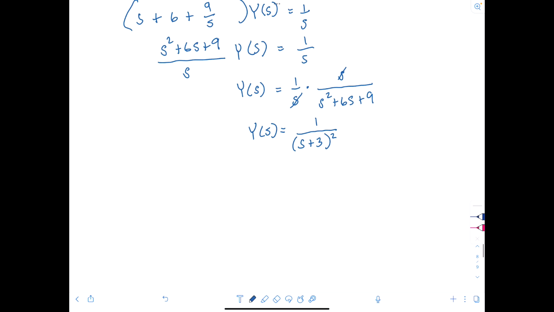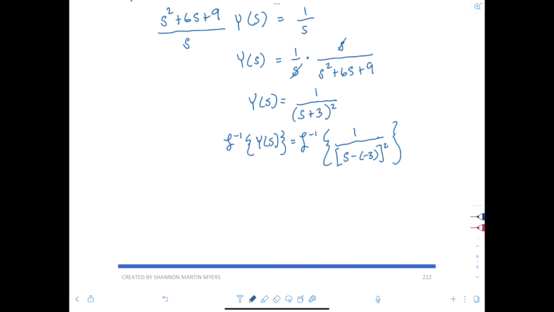And so now, what can we do with this? If we look at our handy dandy list of formulas, right? Remember, we're going to find the inverse transform so we can solve this. I'll write this out as (s minus negative 3) quantity squared.